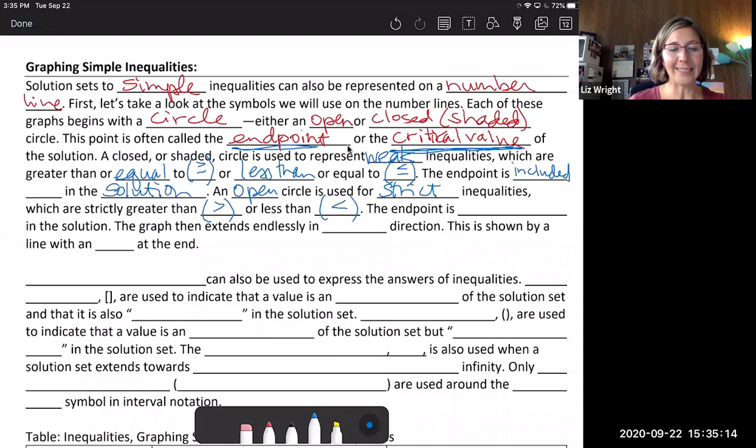The endpoint is not included in the solution. The graph is then going to extend endlessly in one direction, so it extends infinitely in one direction. This is shown by a line with an arrow at the end of it. So this is just talking about how to graph these.